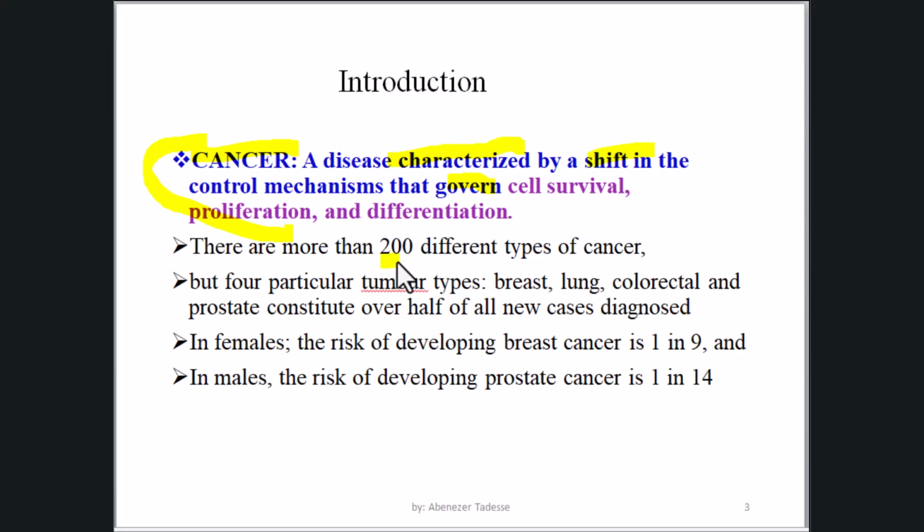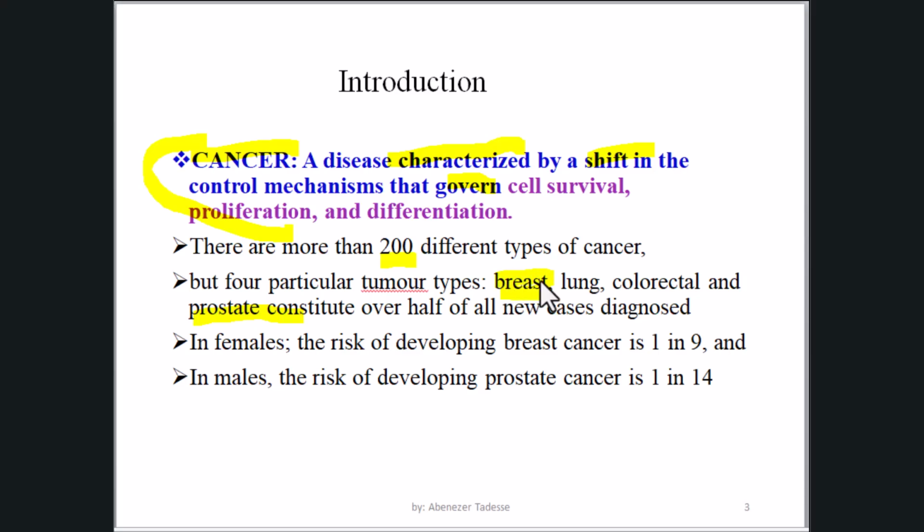Nowadays worldwide, there are more than 200 different cancers identified. From these, there are 4 most common cancers. The first ones are hormone related: breast cancer and prostate cancer are among the hormone related cancers due to the hormone effect on growth. Breast cancer in women is mostly associated with the hormone estrogen.